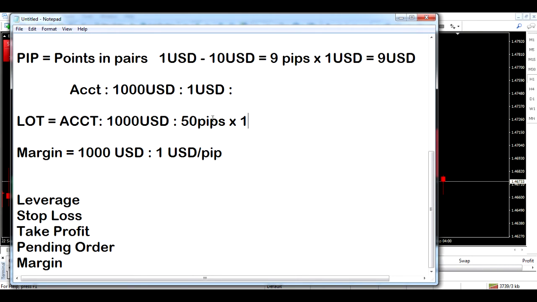But if my account will allow me to use a $10 per pip lot size, a 50 pip move would amount to $500. So the same movement or the same points you harvested from the market exponentially changes depending on the lot size or the bet you put into the trade.